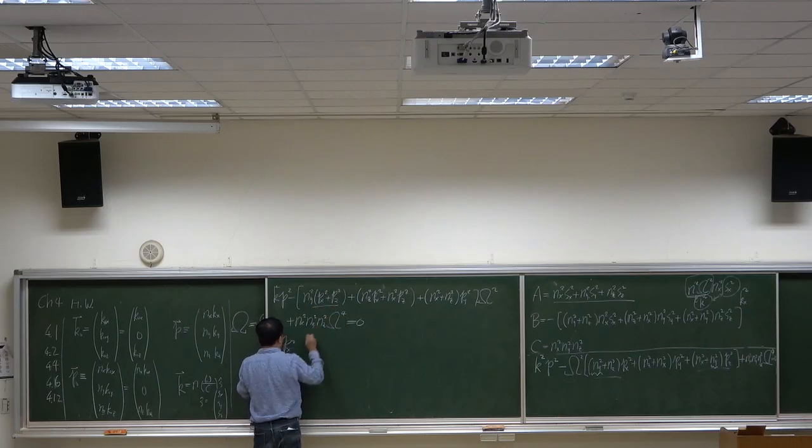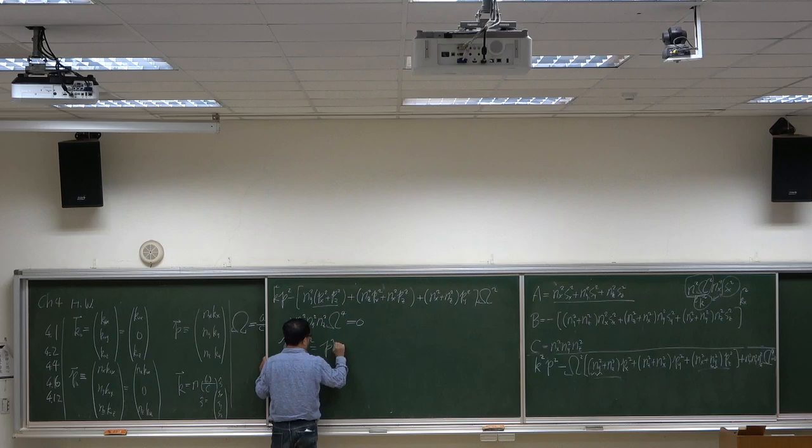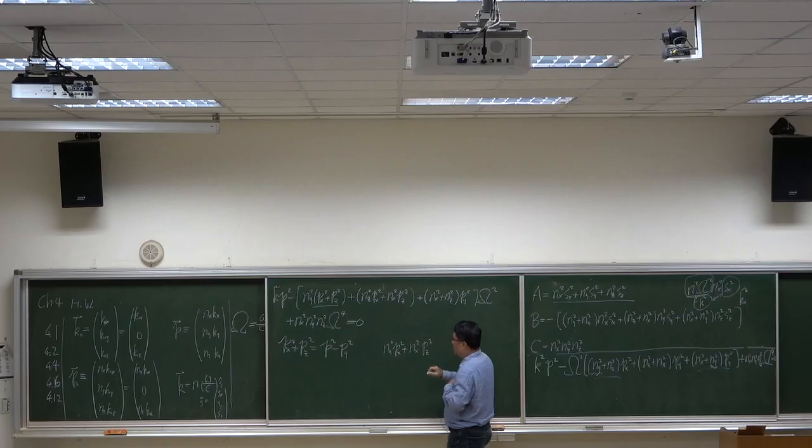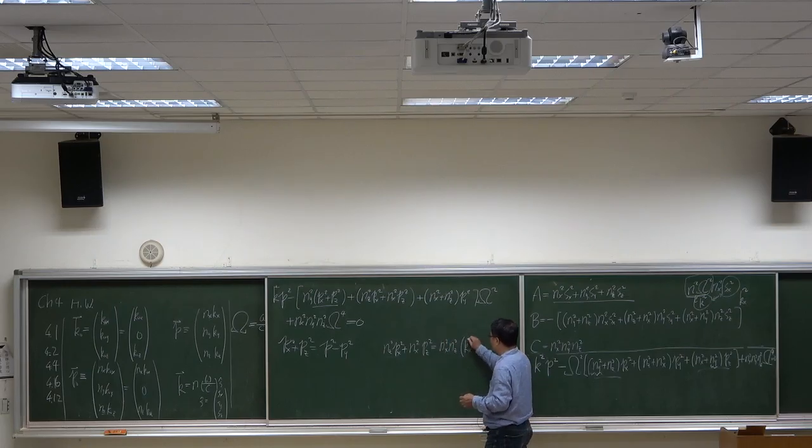So now, this px squared plus pz squared is p squared minus py squared. Okay. And what is nz squared px squared plus nx squared pz squared? This is just equal to nx squared nz squared times kx squared plus kz squared.